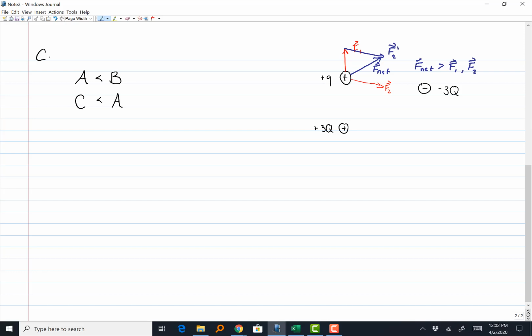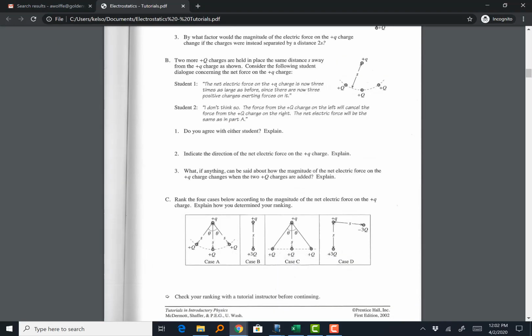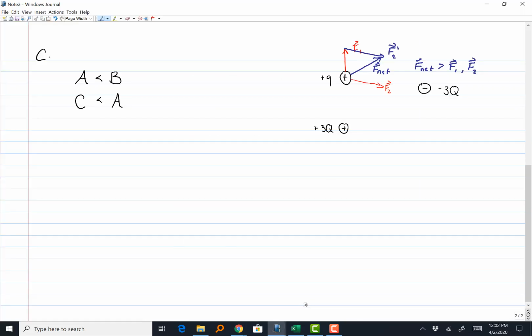So if the magnitude of the net force in case D is larger than either of the component forces, and one of those component forces is the force from case B, and so that F1 is the same size as the net force in case B, that tells us that the force in case D has to be greater than B. So case B is less than D.